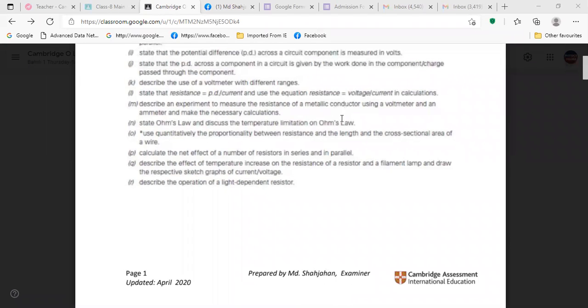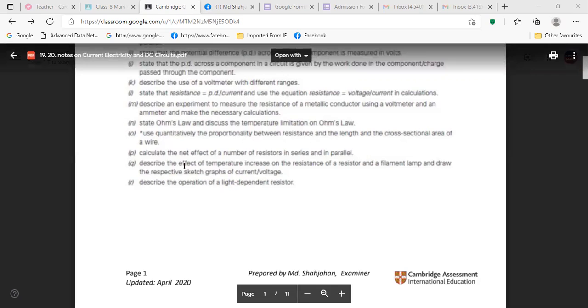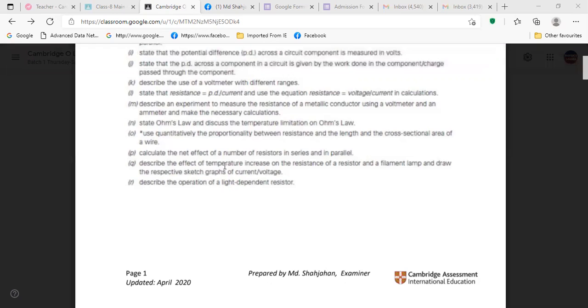In Ohm's law, the temperature remains constant, but here in Q, the temperature is not fixed.